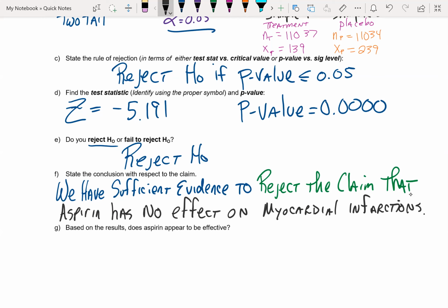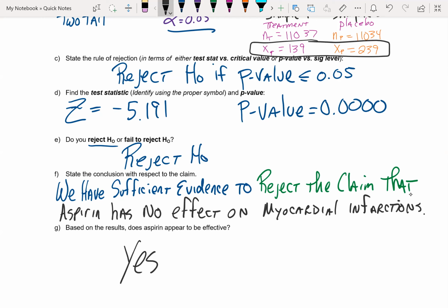Now, the next thing would be to consider whether or not the aspirin appears to be effective. Well, the hope of the aspirin is that it would reduce the likelihood of a heart attack. And what we saw in our Z-score with it being negative is that we can now say we got statistical significance to say that the proportion of heart attacks using aspirin is less than the proportion of heart attacks in the placebo group.